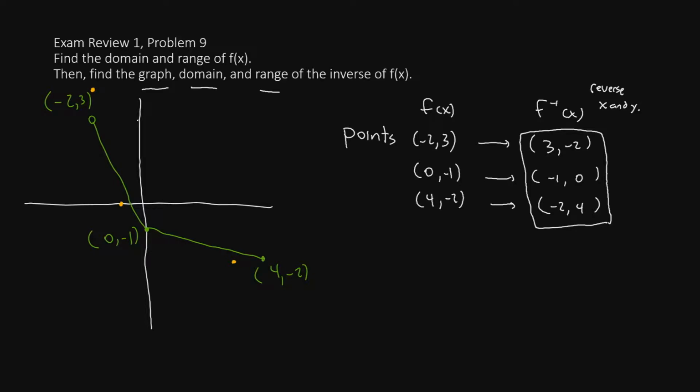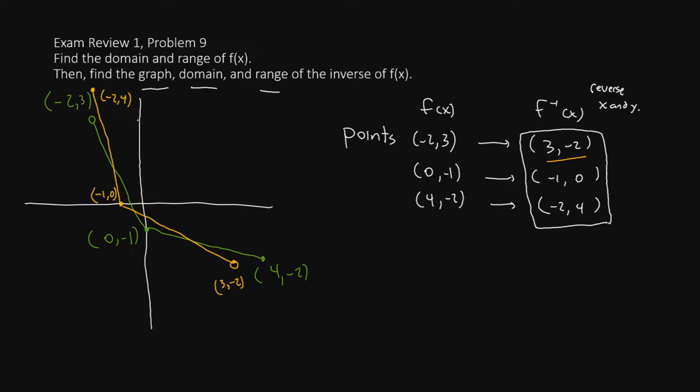Let us also remind ourselves that the (3, -2) should be an open circle. I'll write the coordinates next to it. All we have to do now is connect the dots. Connect the orange dots together, and this will give us the graph of the inverse.